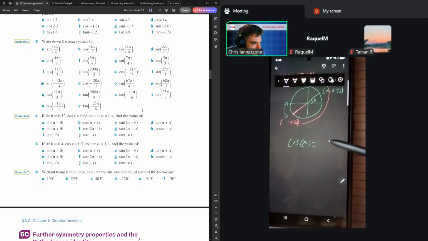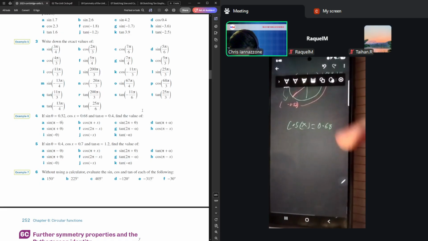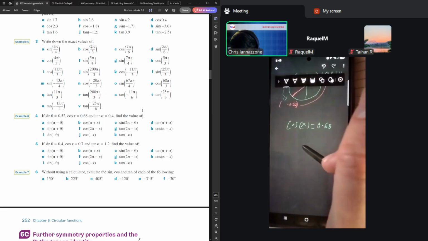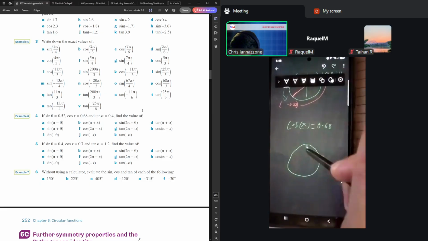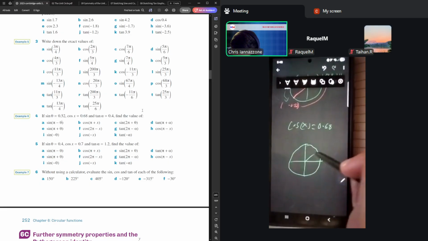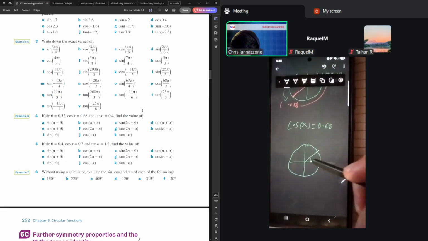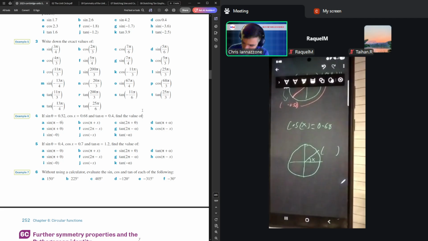Here's a new one. So we had cos x equals 0.68. The only real difference here, of course, being that we're now working with cos and a slightly different number. So when it comes to creating this reference angle, what are we going to label this one?